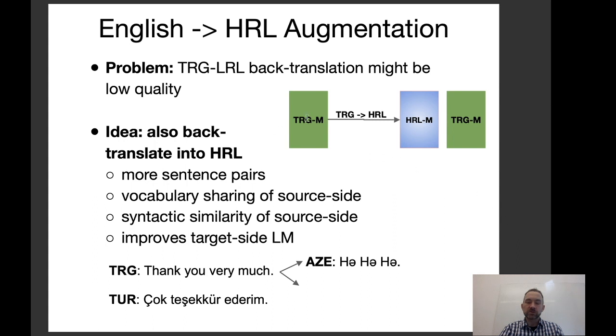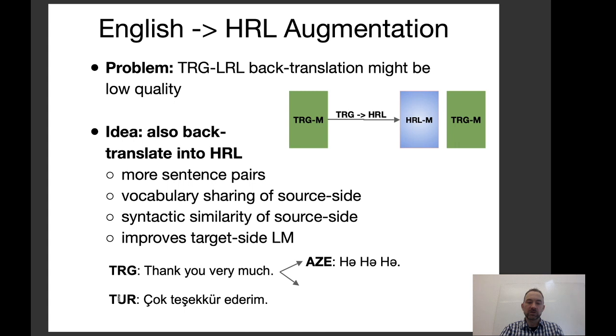We take our target language data and we translate it into the high resource language. And just to give an example, if we're working with Azerbaijani, we might also have a high resource language Turkish, which is very similar to Azerbaijani, where our English to Azerbaijani system just completely fails.